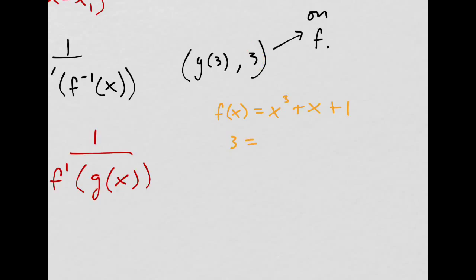So I can say 3 equals x cubed plus x plus 1. I subtract 3 over, so 0 equals x cubed plus x minus 2. I can't really factor this. I guess we could use synthetic division on this.